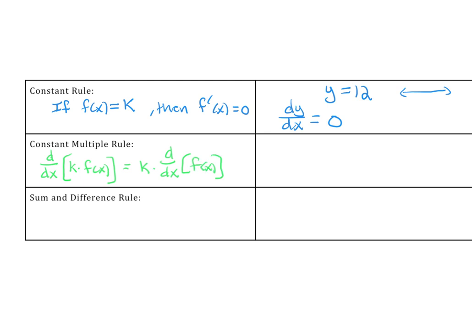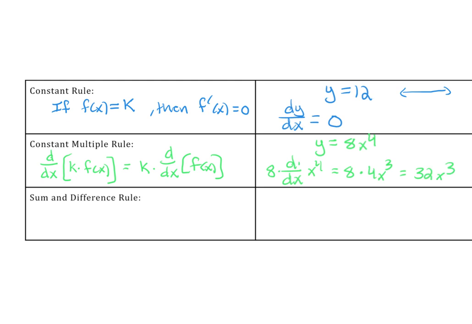So if I have y equals 8 times x to the 4th, you can bring the 8 out in front and then take the derivative of x to the 4th. So this would be 8 times 4x to the 3rd, which is 32x to the 3rd.